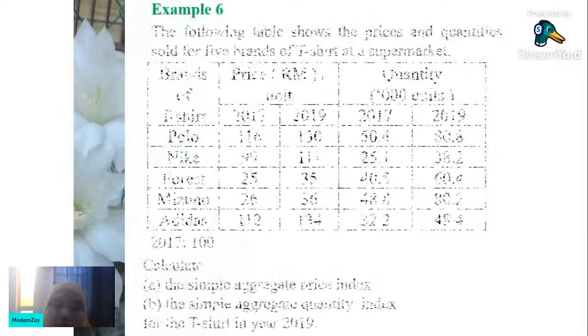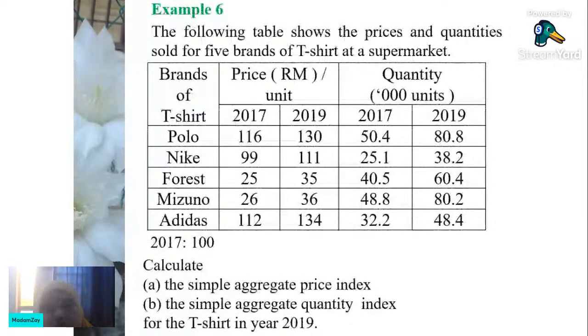Example 6. Now we have a combination of price and quantity. The following table shows the price and quantity sold for 5 brands of t-shirt at a supermarket. So we have 5 types of t-shirt with the price in 2017 and 2019, also the quantity in 2017 and 2019.